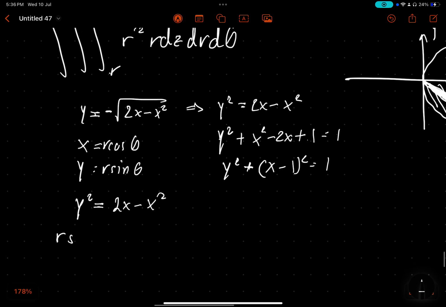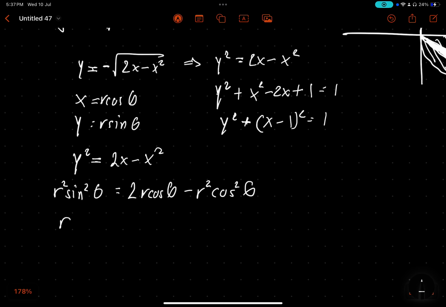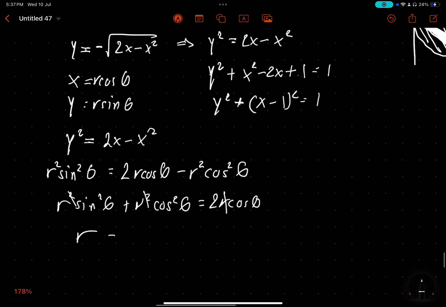Now we have r squared sine squared theta equals 2r cosine theta minus r squared cosine squared theta. Let's just take this into one side. So r squared sine squared theta plus r squared cosine squared theta equals 2r cosine theta. Then you divide by r, and r equals 2 cosine theta. So that's our r.